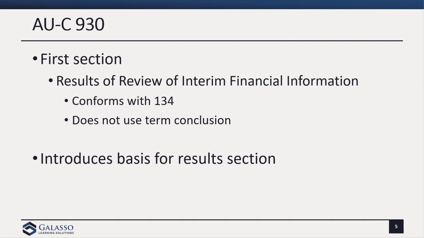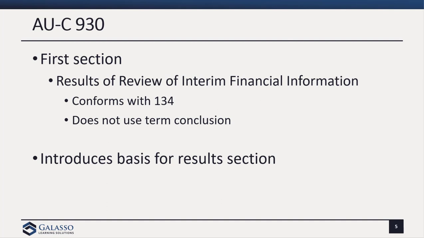And then we have our reviews that are performed under the SASes related to information other than a historical financial statement. So we use this term review pretty frequently. And so what they're clarifying here, these are reviews for interim financial information. And all we're really doing here is conforming to SAS 134.